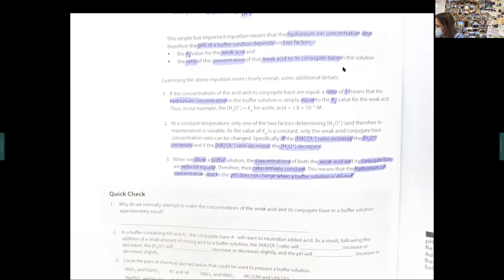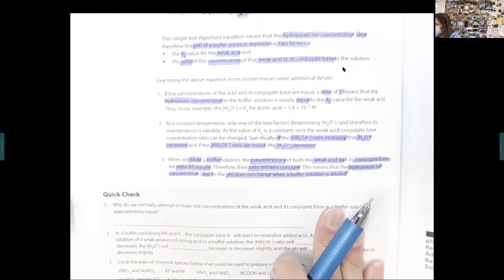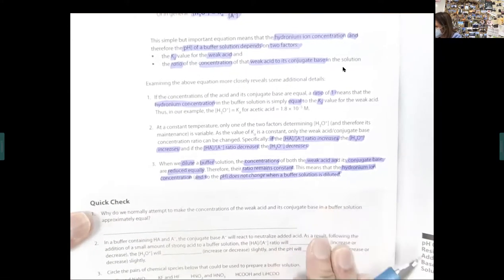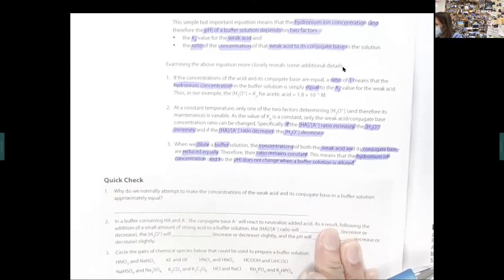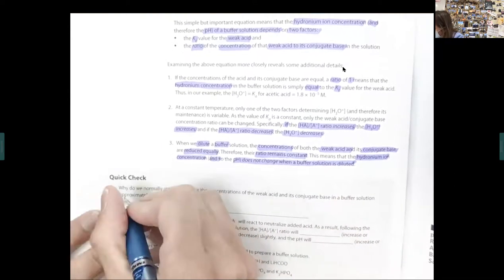It says, why do we normally attempt to make the concentrations of the weak acid and its conjugate base in a buffer solution approximately equal?